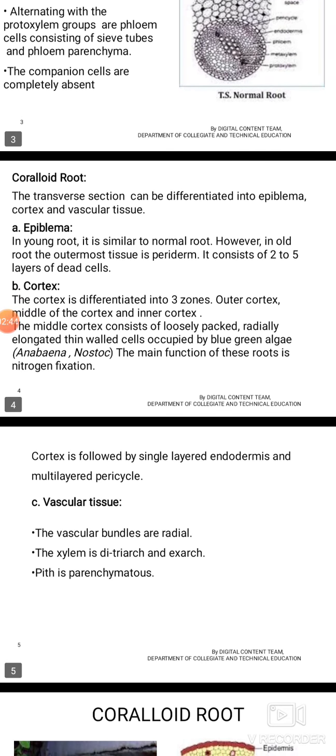And the main function of these roots is nitrogen fixation. Cortex is followed by a single-layered endodermis and multi-layered pericycle. The third region is the vascular tissue, where the vascular bundles are radial and the xylem is diarch and exarch. Pith is parenchymatous.